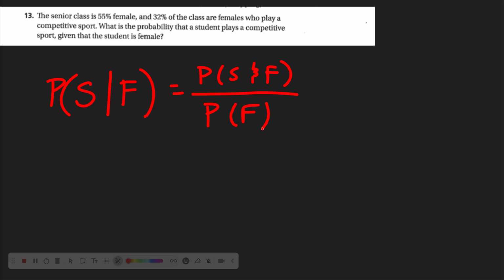So 55% are female, and 32% of the class are females and play sports. So the answer to this is 0.32 divided by 0.55. That is 58.2%.